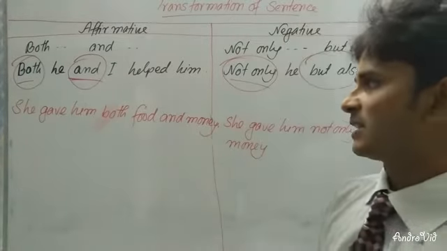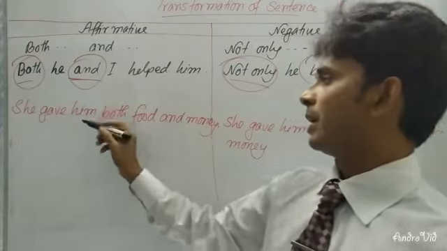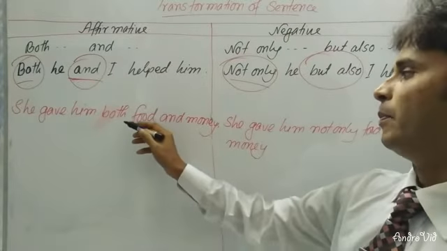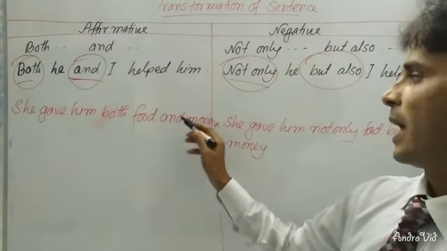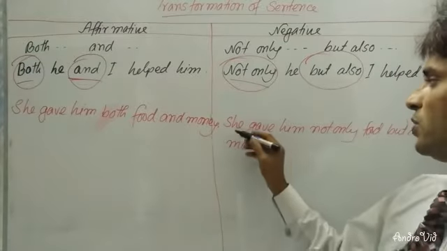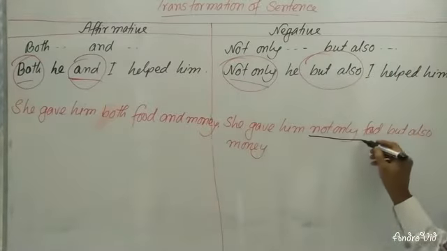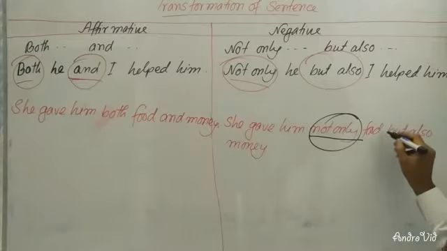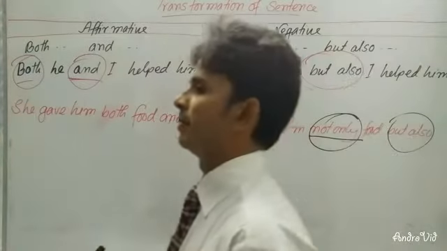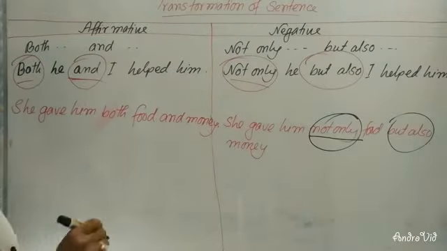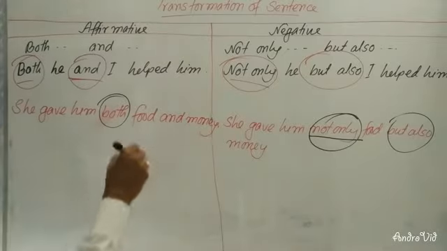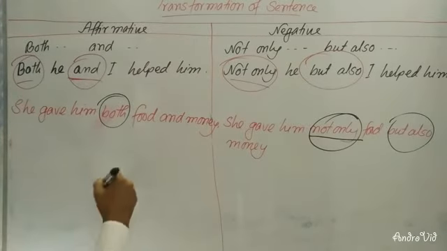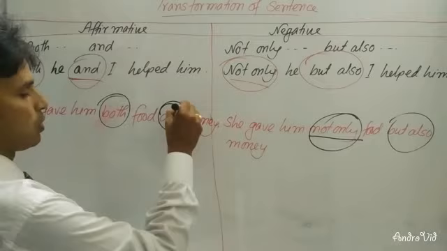So she gave him both food and money becomes she gave him not only food but also money. So I have used here not only instead of both and but also instead of and.